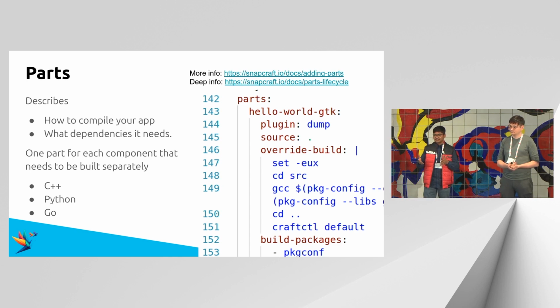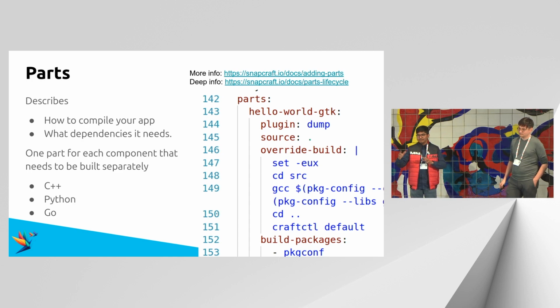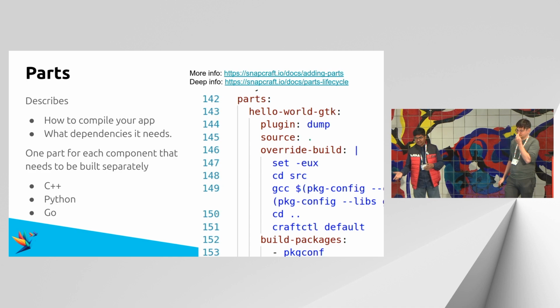We are using a custom script just to build it using GCC, and then we are placing it somewhere. And we are adding some build packages like pkg-config to find the build libraries and all related. So there you can use various different types of plugin systems like Meson and others. We'll talk about this later.